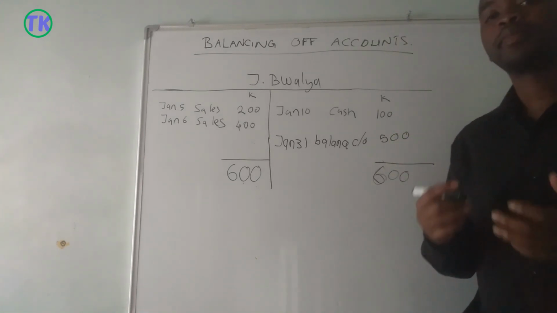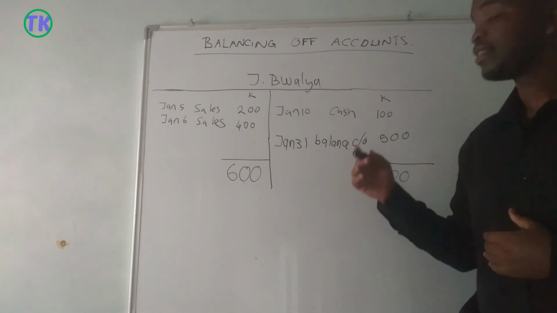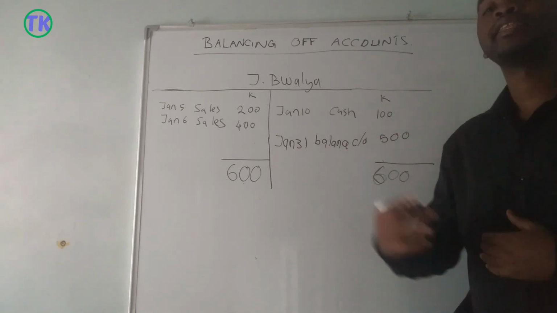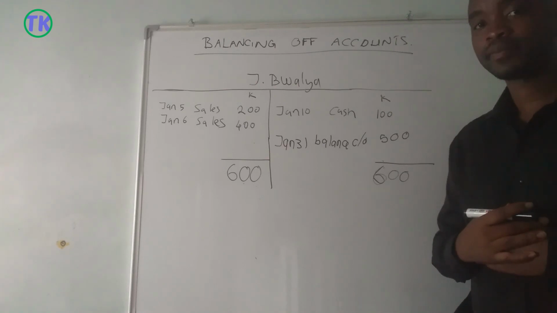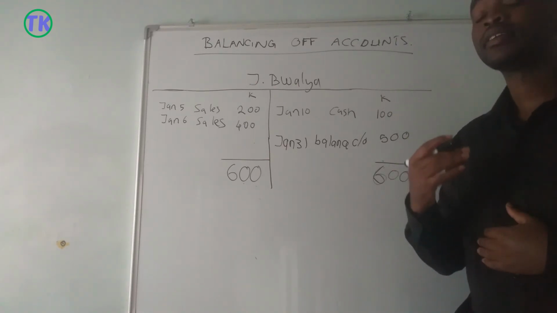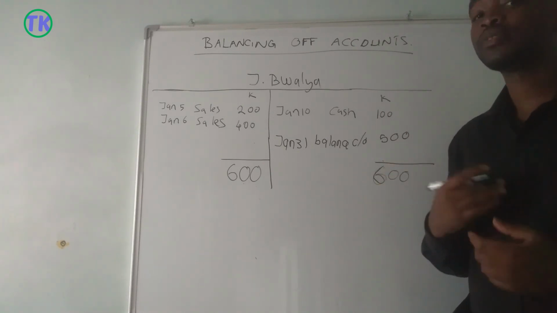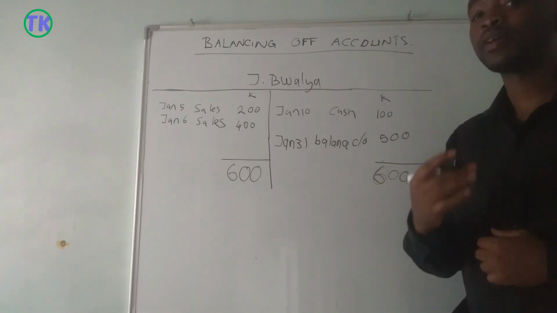Now the last part that we need to do is to transfer this balance onto the next accounting period. So we need to indicate the first date of the accounting period. In this case, this business resumes its work on the 1st of February.